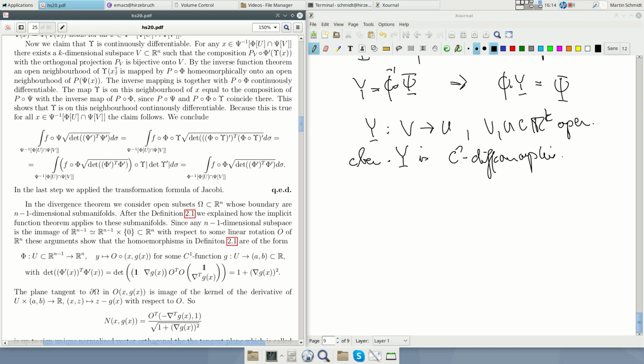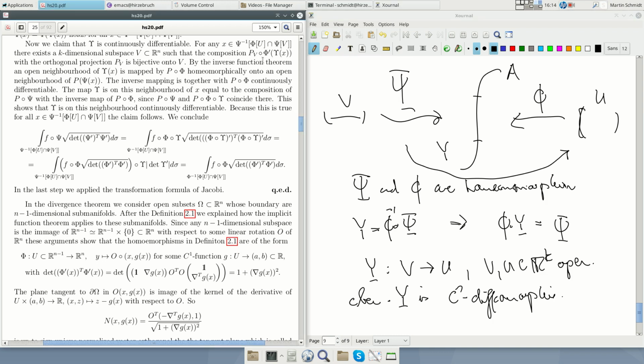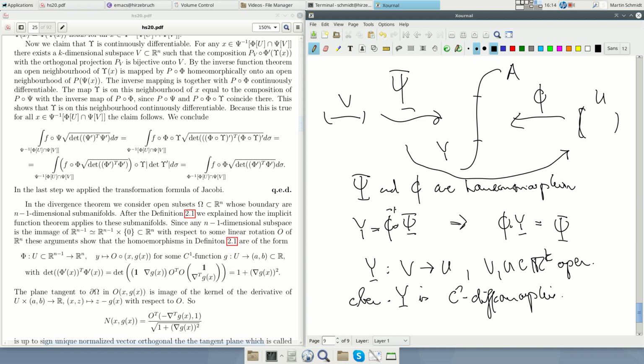We choose again such a map. If you look at this definition, psi is differentiable.